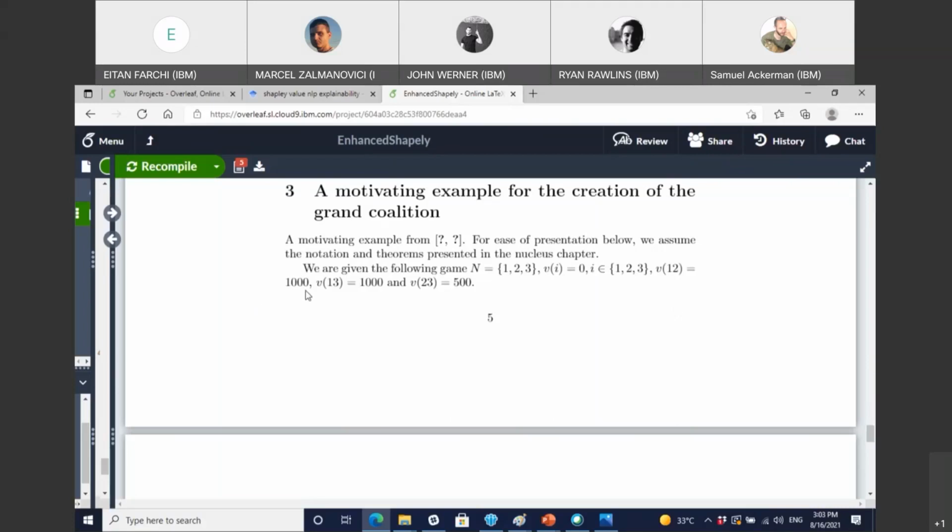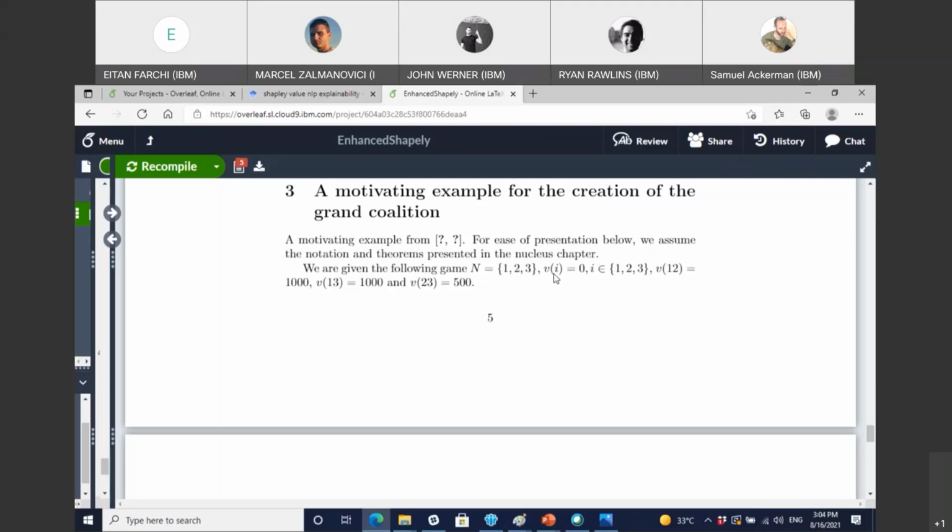Okay, so we have a cooperative game. If you haven't run into cooperative games, don't worry, I'm going to explain it now. You have 3 players, and you have something called the characteristic function.